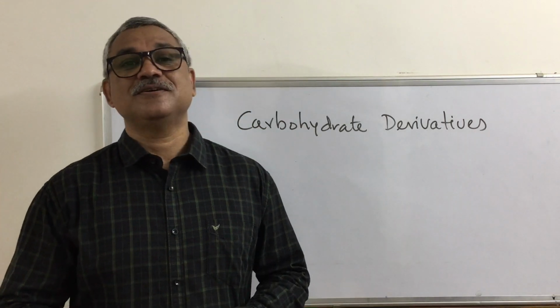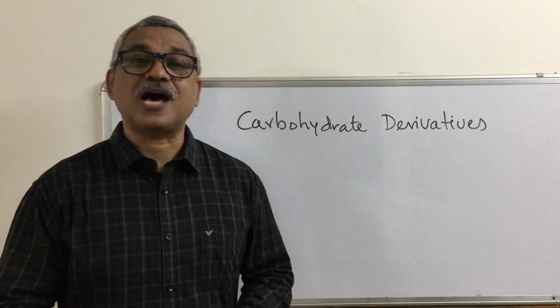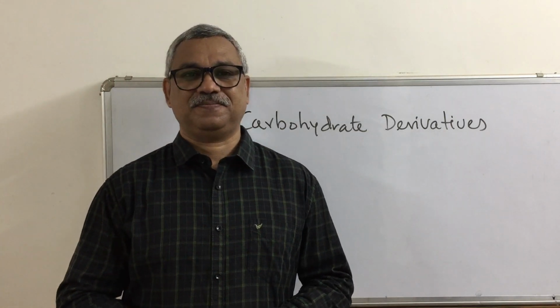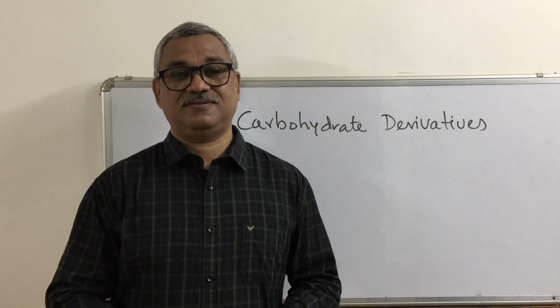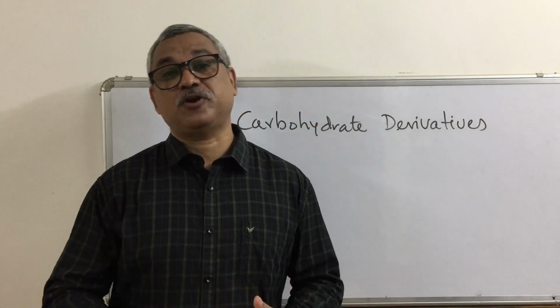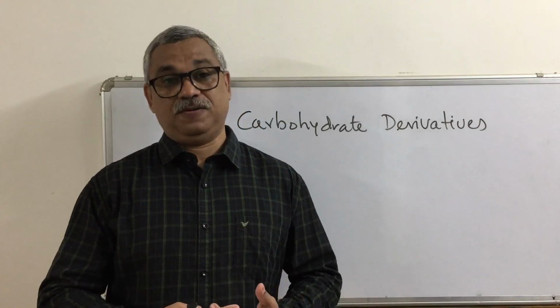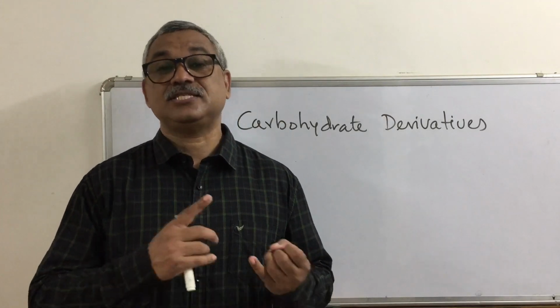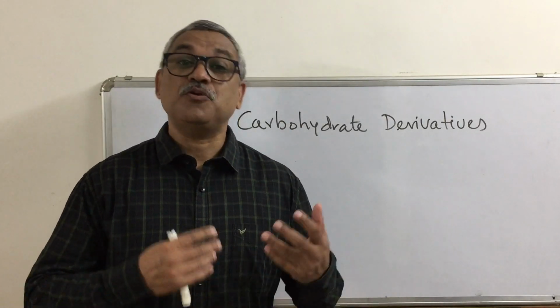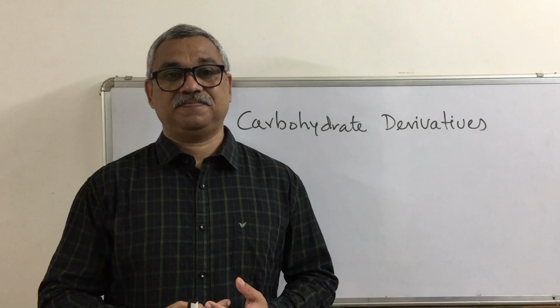In these videos, we are going to discuss carbohydrate derivatives. Several monosaccharides undergo modification, and these modified products become very useful and act as very versatile molecules in signal transduction and also in metabolism.